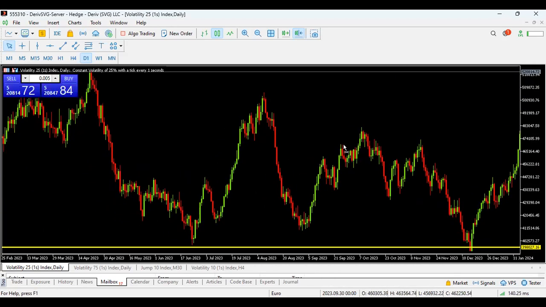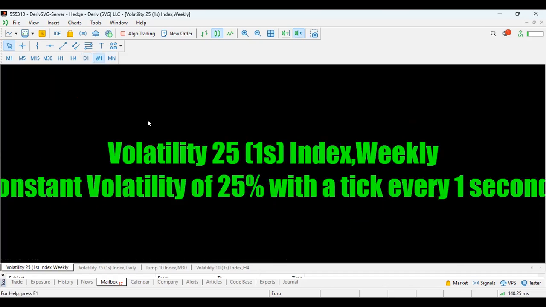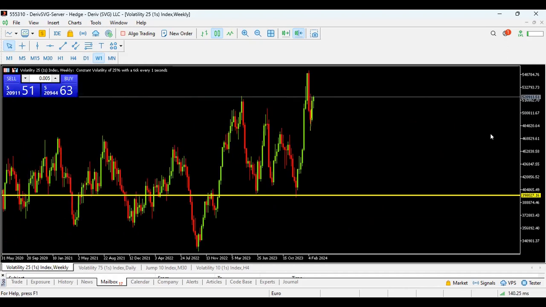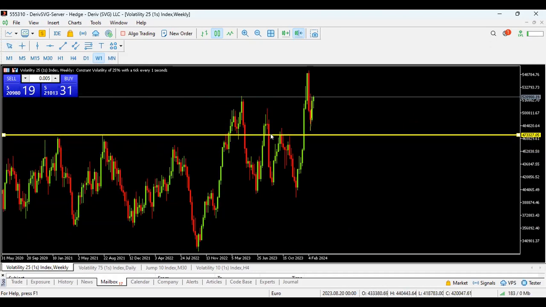All right, so this is the price for indices, Volatility 25x. Let me start with the 1 hour, weekly time frame. Of course, it doesn't have much history, but still I can see where this was a zone.